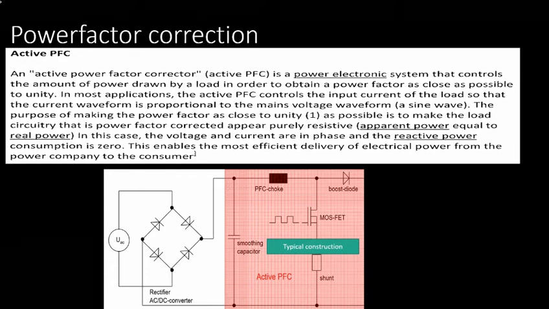And this is a concept, a technology that is employed, but there are different variations of active power factor correction. It can vary from product to product and from manufacturer to manufacturer. Manufacturer A will still do active power factor correction, but they may have a completely different circuit, which will be their intellectual property, their design.